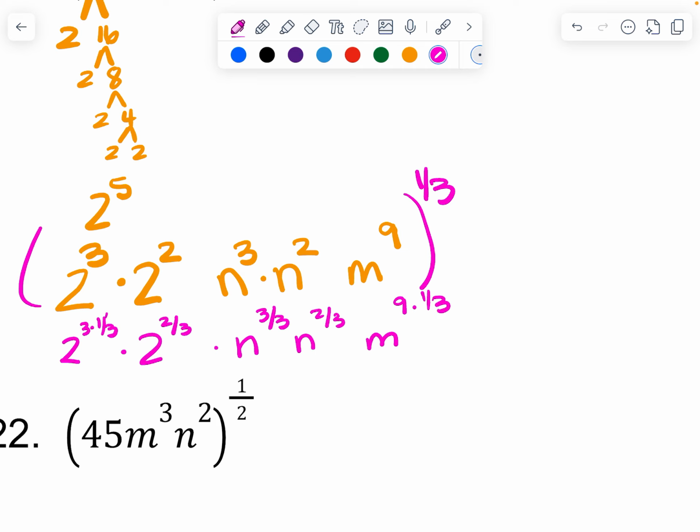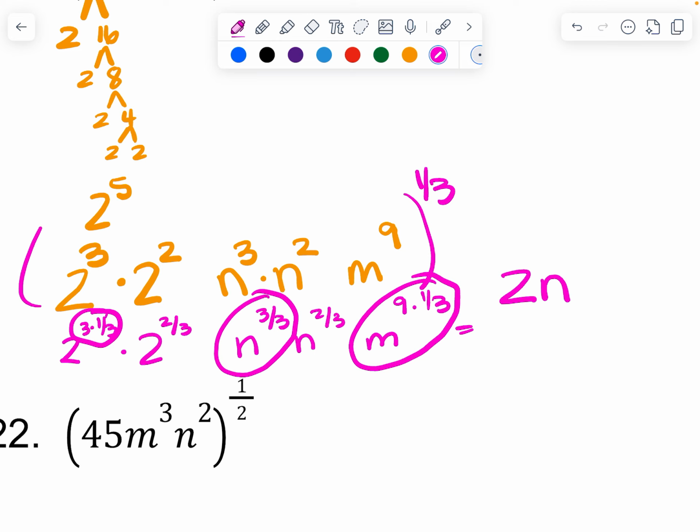So if I do this, that's going to come out to 1. So I leave it. This one is going to come out to 1. This one is going to come out to 3. Oh, that's okay. I'll write it like that.